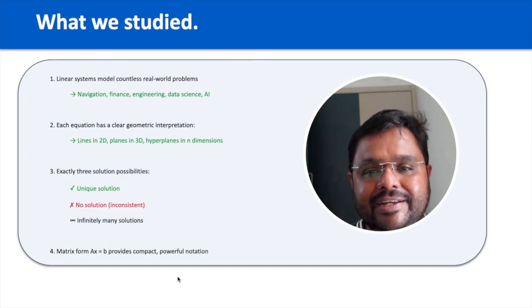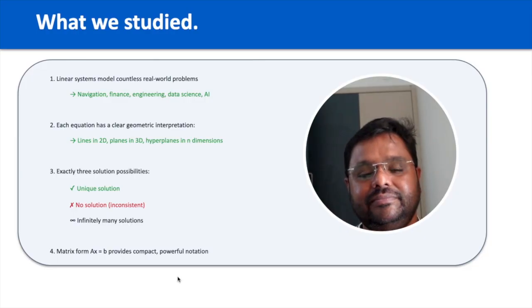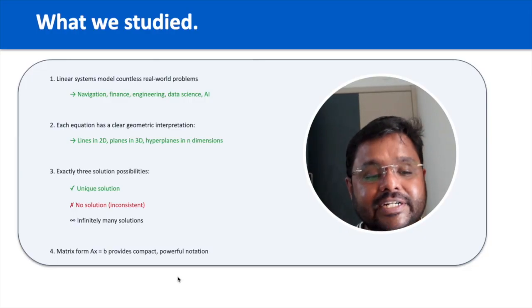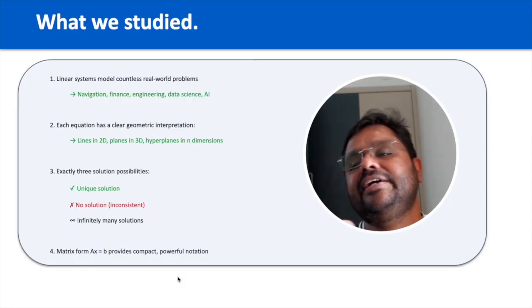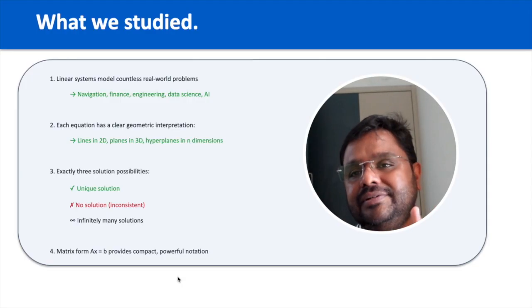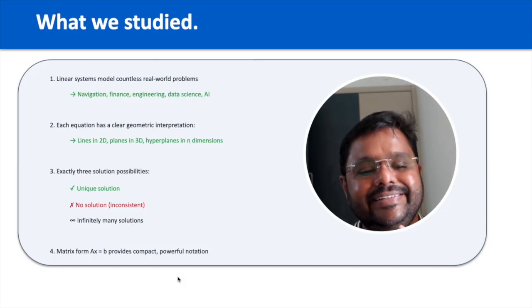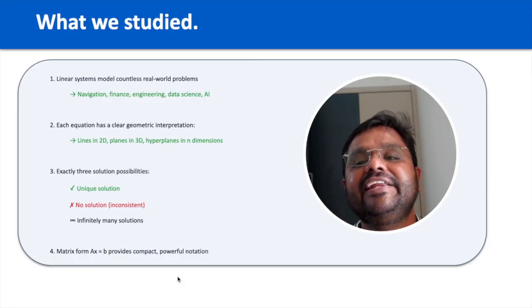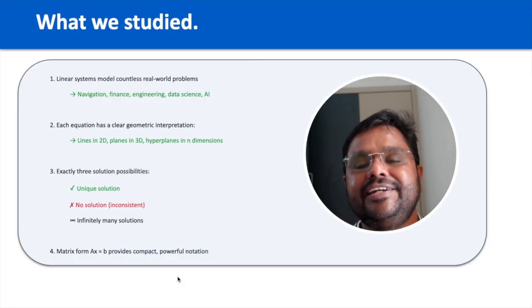They may be lines in 2 dimensions, planes in 3 dimensions, or in higher dimensions we call them hyperplanes in n dimensions. And the third point is, exactly three kinds of situations arise. One, the system may have a unique solution, or the system does not have any solution, inconsistent, or there may be infinitely many solutions. And the fourth is a notation.